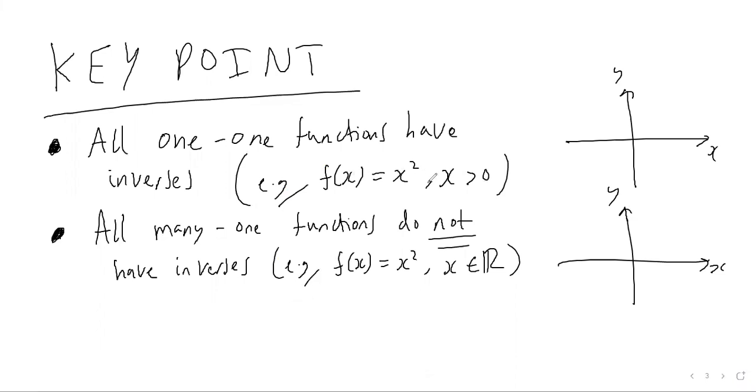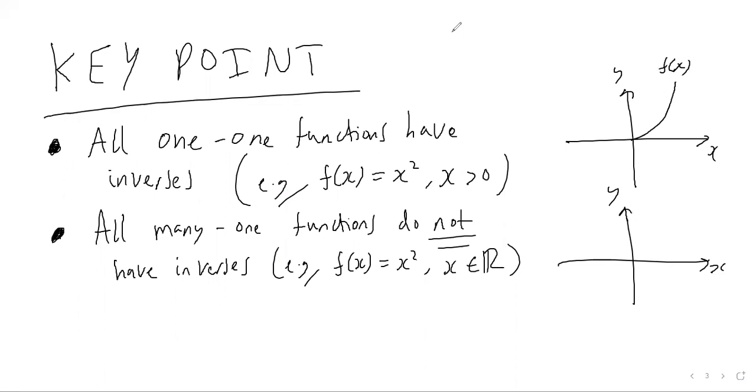So f of x equals x squared for a domain where x is bigger than zero. That's the quadratic graph when x is bigger than zero. This is a one-to-one function because every y value has a unique x input. We can use the horizontal line test to show that. Let me make a note that this is f of x.